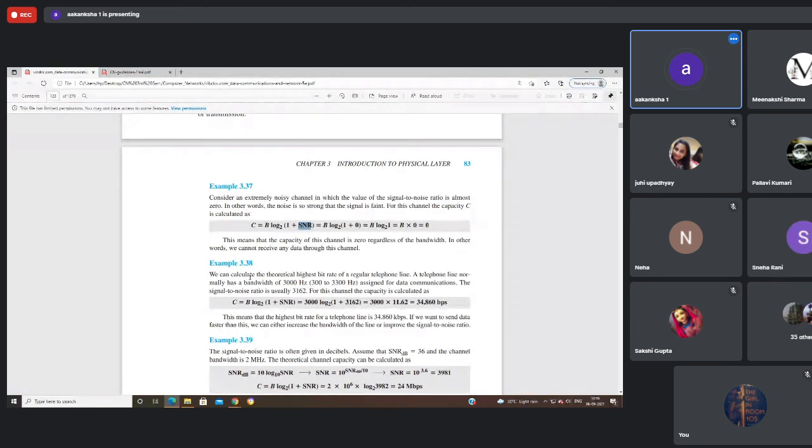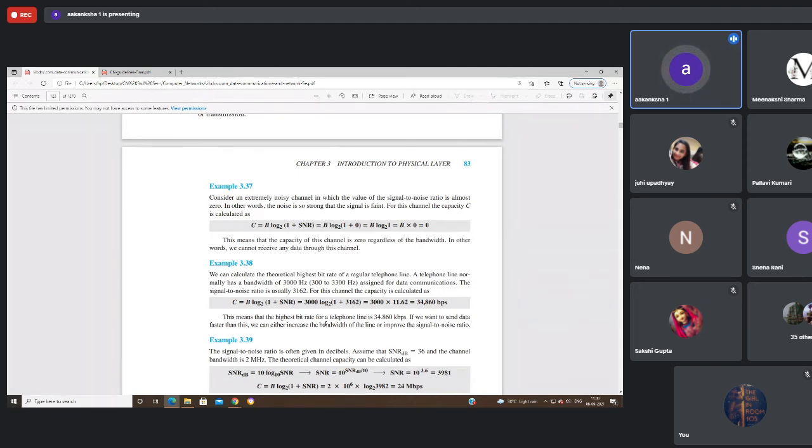Now we can calculate the highest bit rate for a regular telephone line. A telephone line normally has a bandwidth of 3000 hertz, 300 to 3300 hertz assigned for data communication. The signal to noise ratio is usually 3162. With SNR and bandwidth given, you can compute the capacity: 3000 log2(1 + 3162), which is 3000 times 11.62, which is 34,860 bits per second.